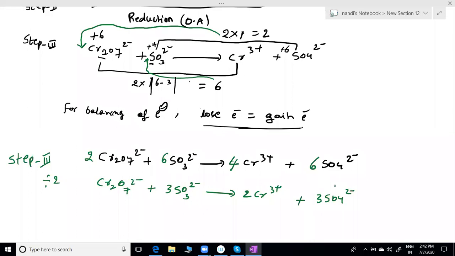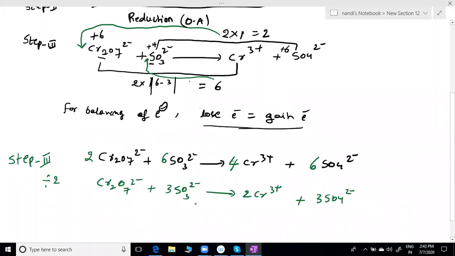We cross multiply their N factor, change the N factor cross, then we get the simplest number we require. You can divide by any suitable number, it doesn't matter here, but you have to always get the simplest equation. Now this is done. Fine.